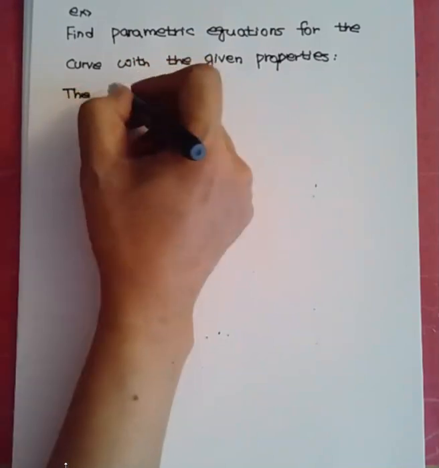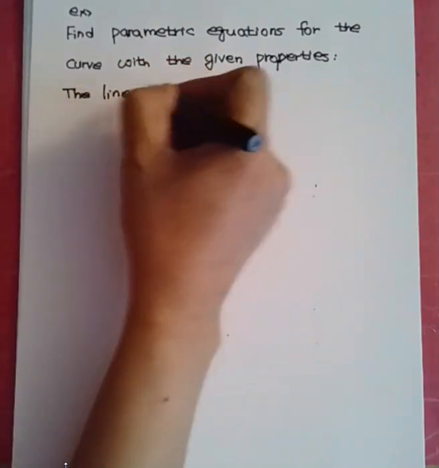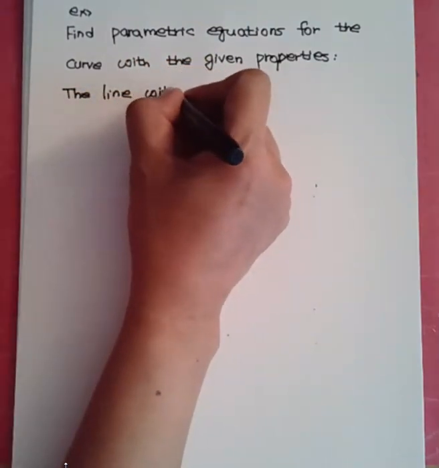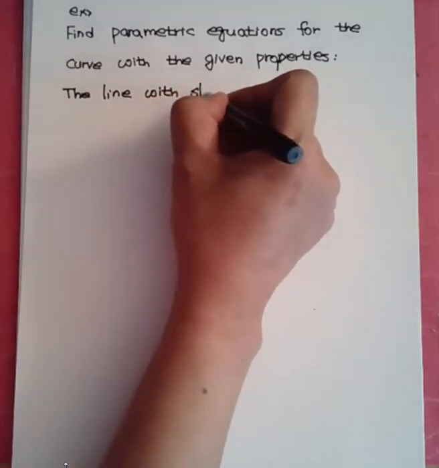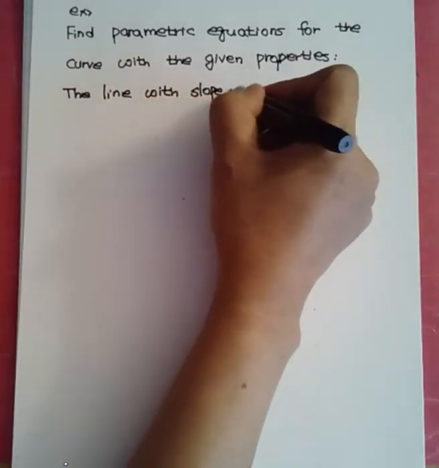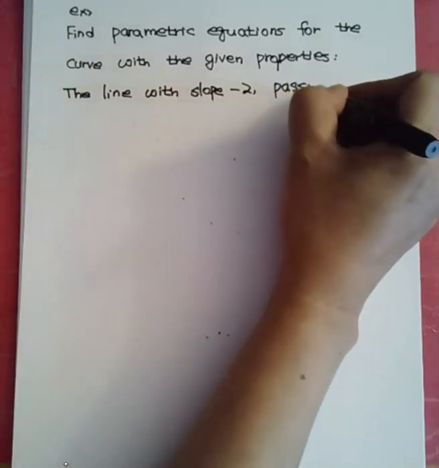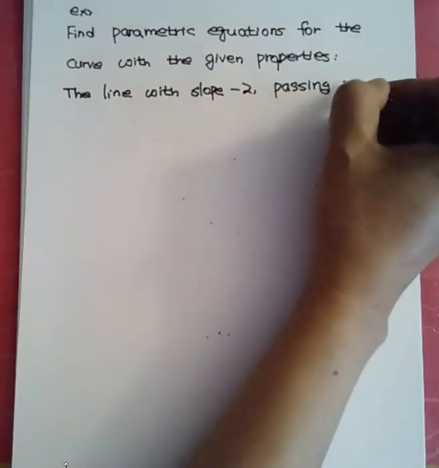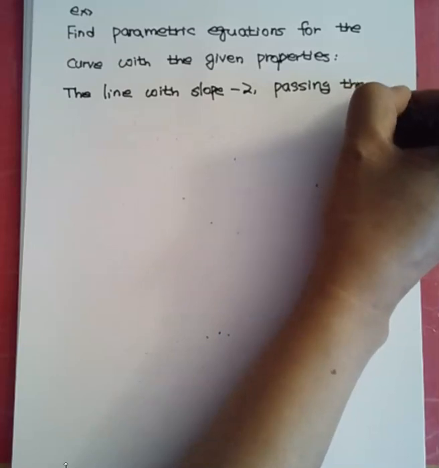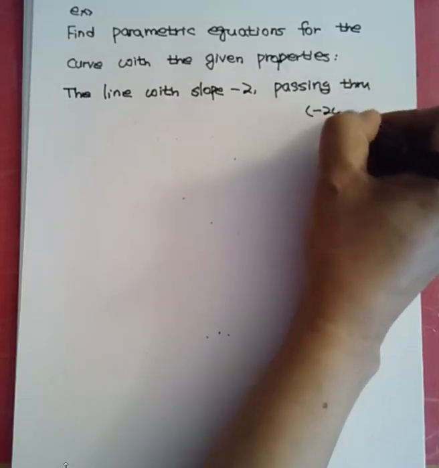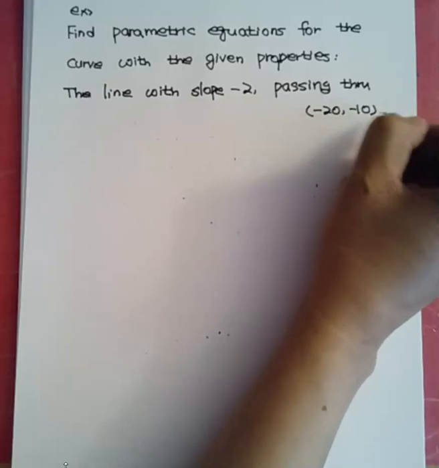That is about the line with slope -2 and passing through -20 and -10.